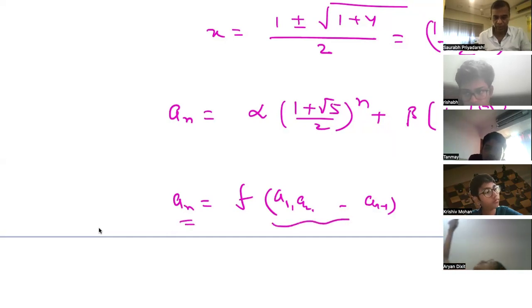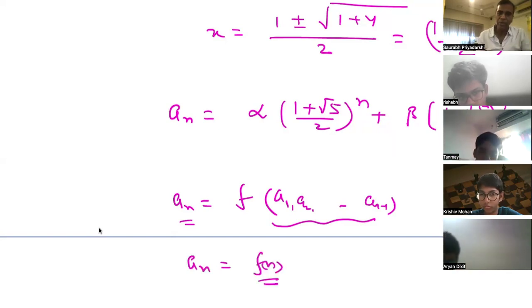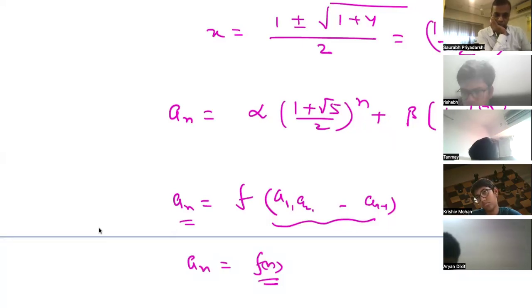So we are forming a polynomial of this kind where these values satisfy each other. In that case, I'm putting a n equal to f n, and this f n is nothing but the x to the power n form. Yes, sir.